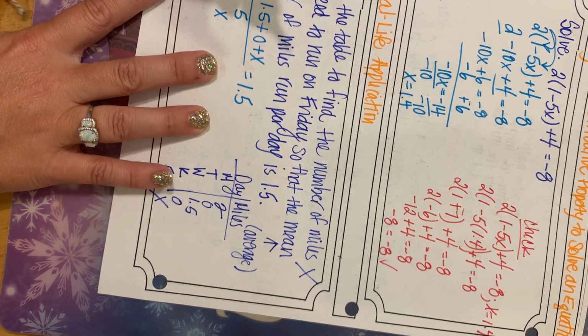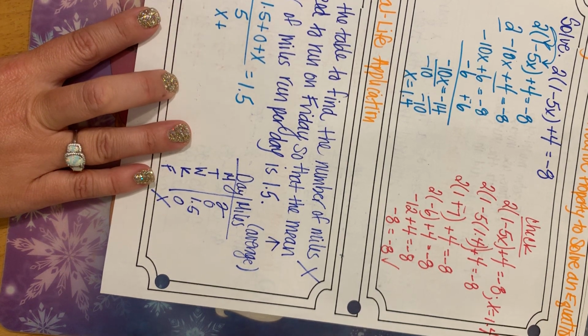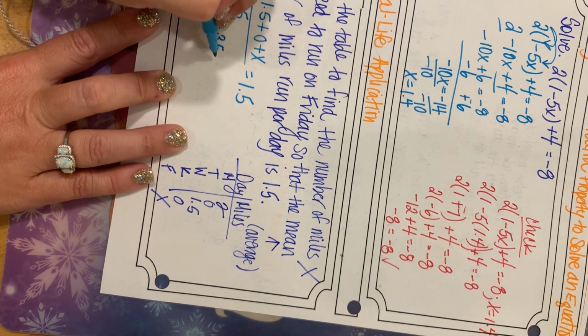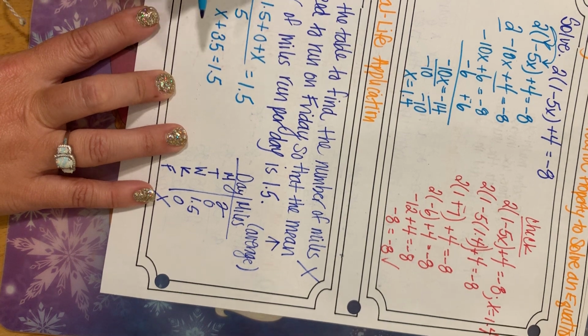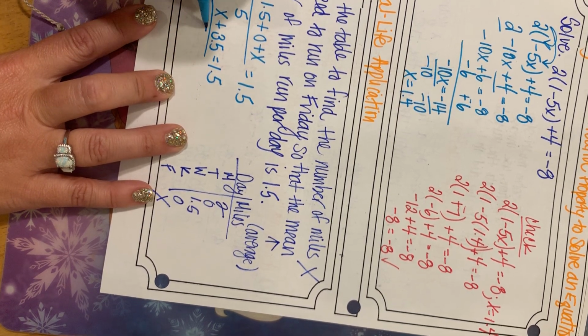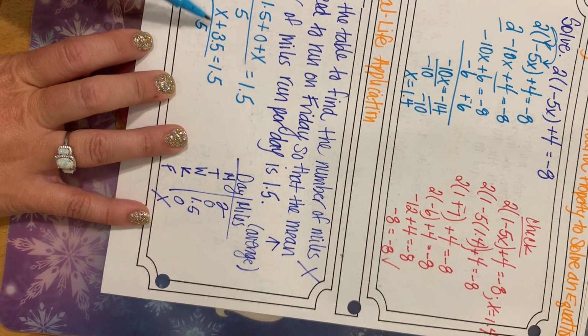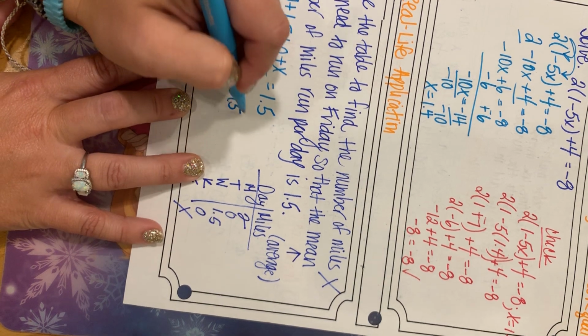You always want to put that variable term first. Then I have my constants. 2 plus 1.5 is 3.5. Don't forget that that is all over 5. So the first thing I'm going to do is try to get rid of that 5 on the bottom. So I'm going to multiply both sides by 5.